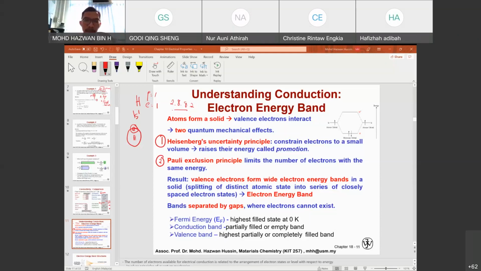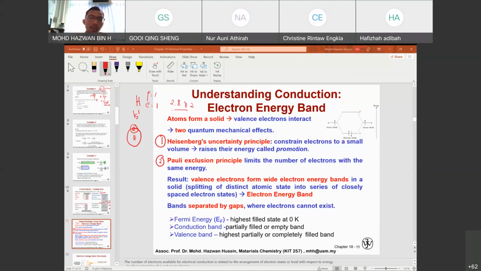So s orbital, how many electrons can it occupy? The lowest orbital normally doesn't hold many. How many? 2. Answer with confidence. 2. So s orbital, 2.